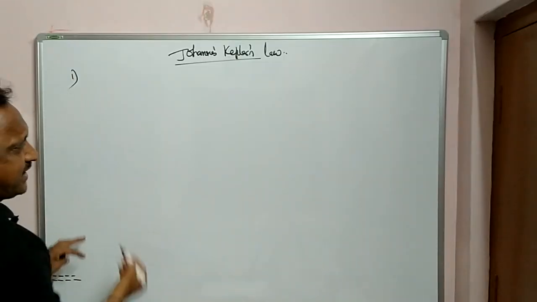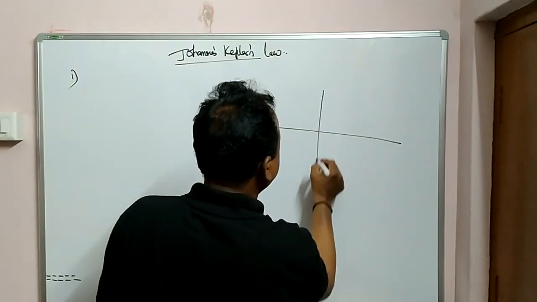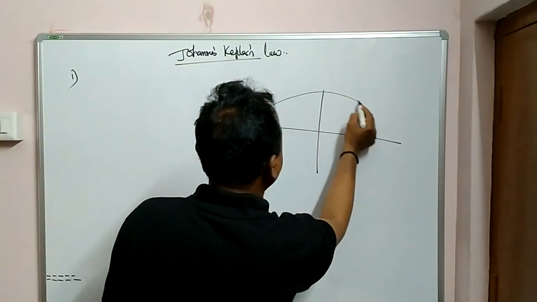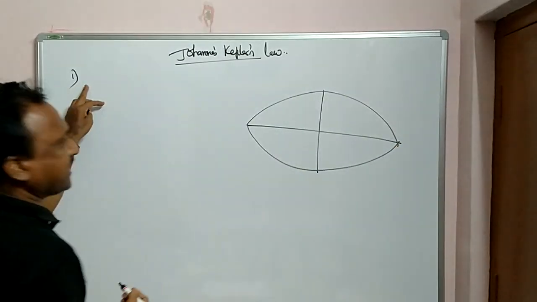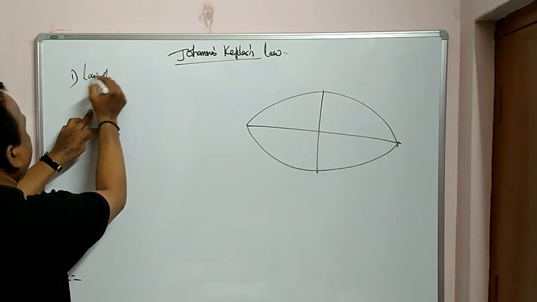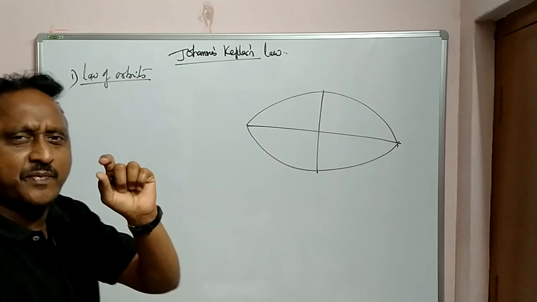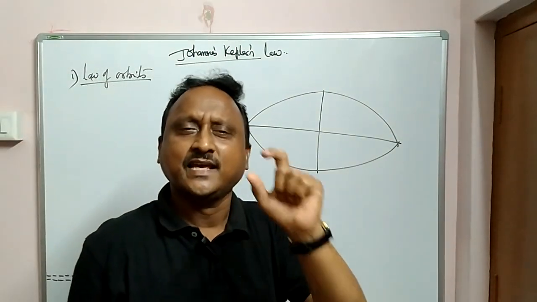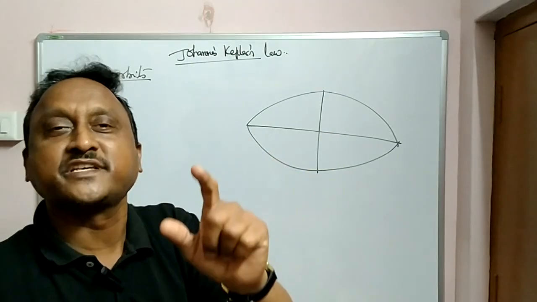So the first law, what he said, is also called the law of orbits. That means each planet should revolve around the sun in an elliptical orbit, with the sun being one of the foci of the ellipse.